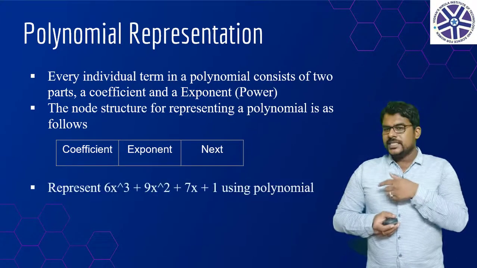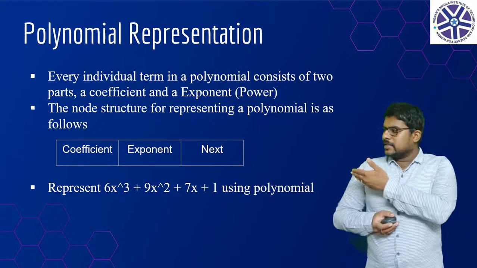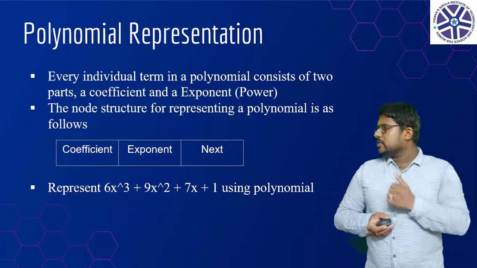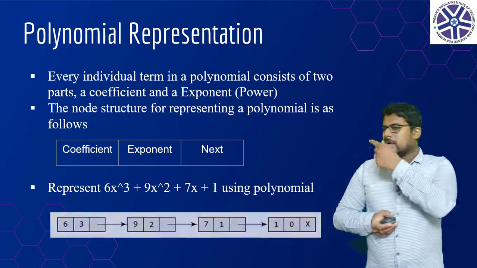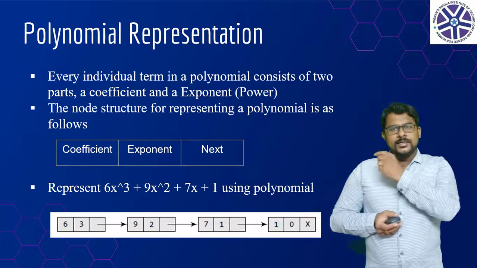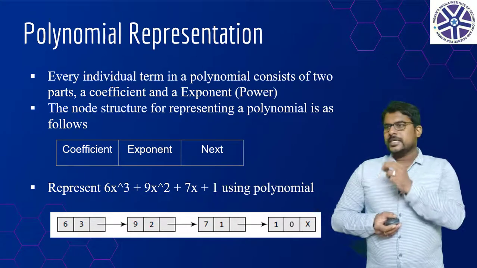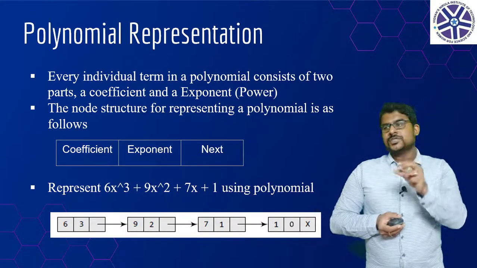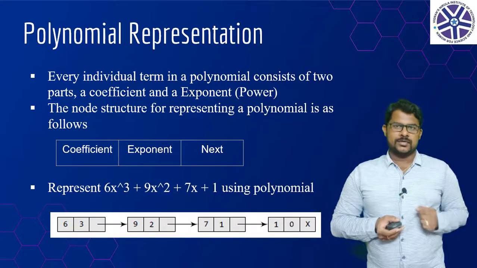In this example, the above expression is represented using linked list. That expression contains different terms, and each term is individually represented using one node of the linked list, like what you have seen now.